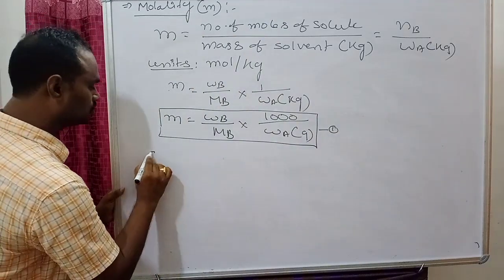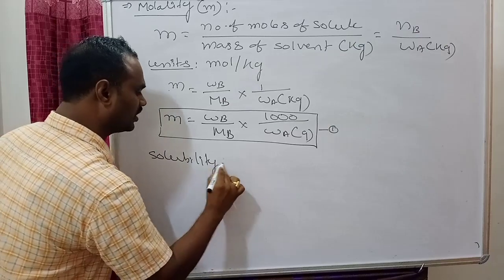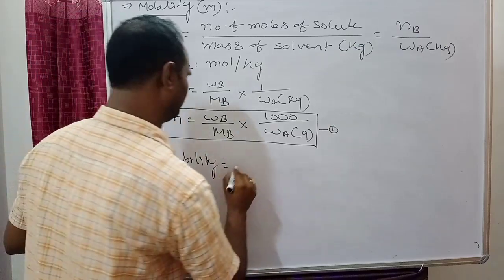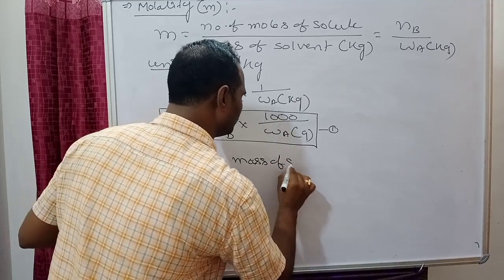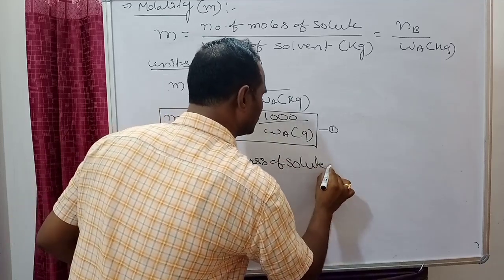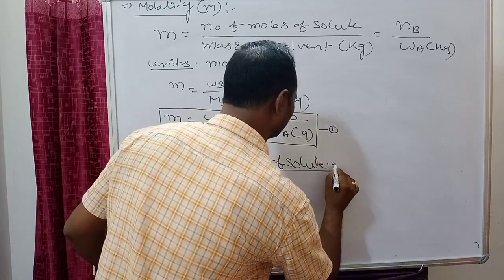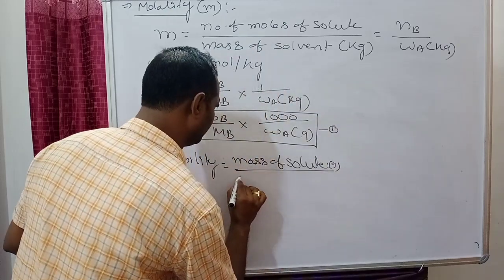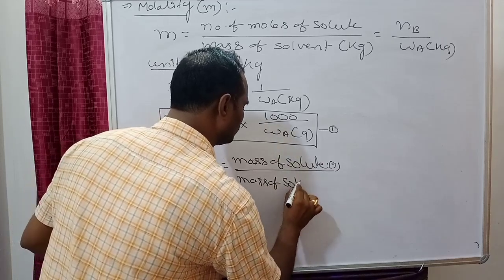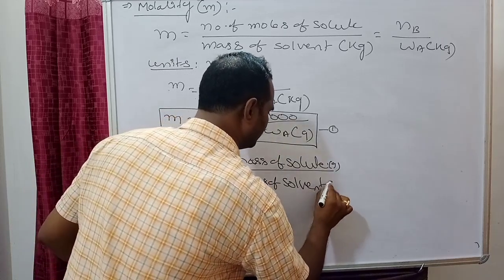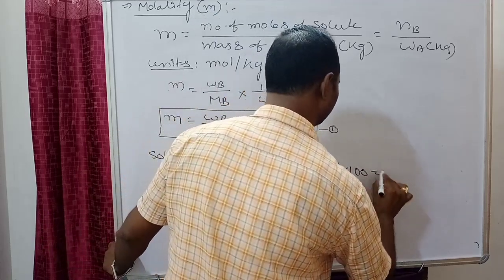Next, solubility is equal to mass of solute by mass of solvent into 100.